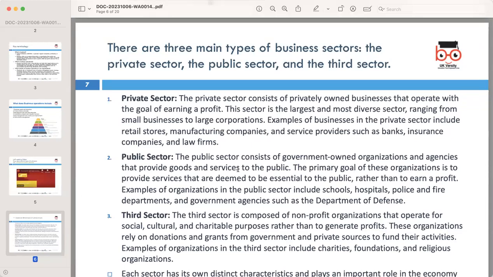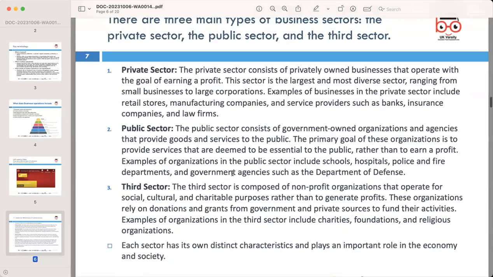Rather, these entities focus on serving the community. Examples encompass educational institutions, healthcare facilities, law enforcement agencies, and government departments. The third and final sector is composed of non-profit organizations that operate for social, cultural, and charitable purposes.